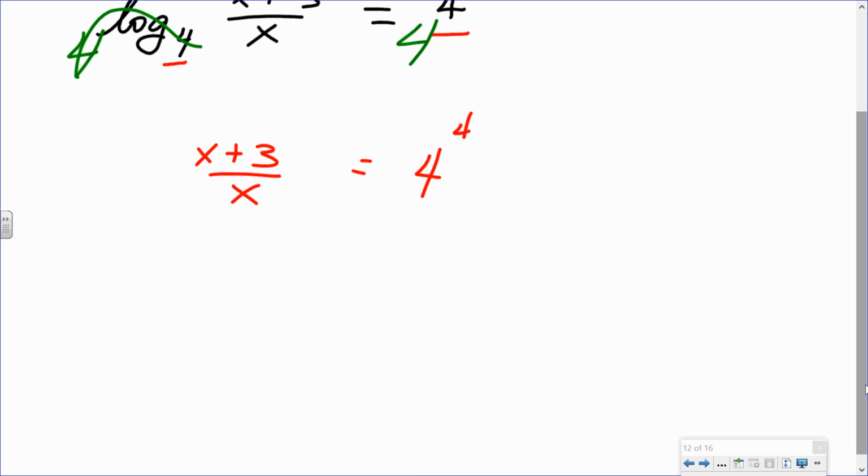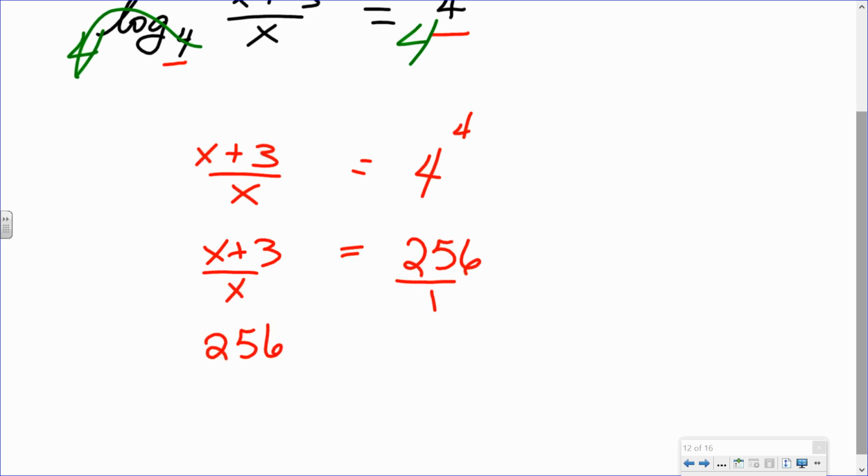4 times 4 is 16 times 16. So 256 equals x plus 3 over x. And if we do our cross product again, 256x, okay, subtract x, 255x equals 3.